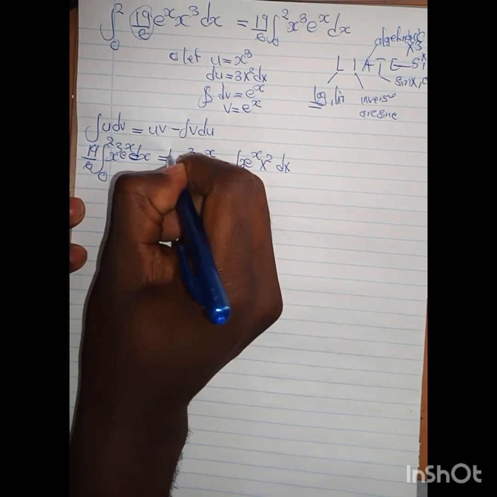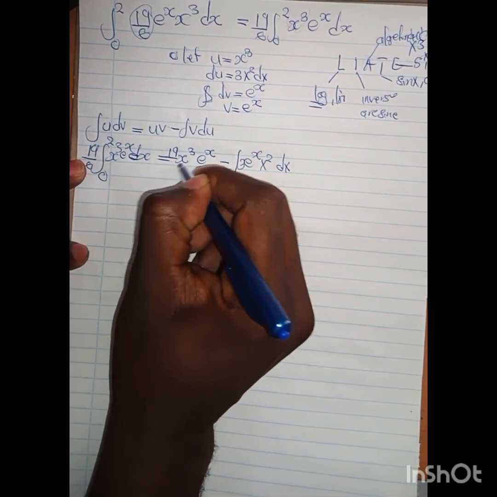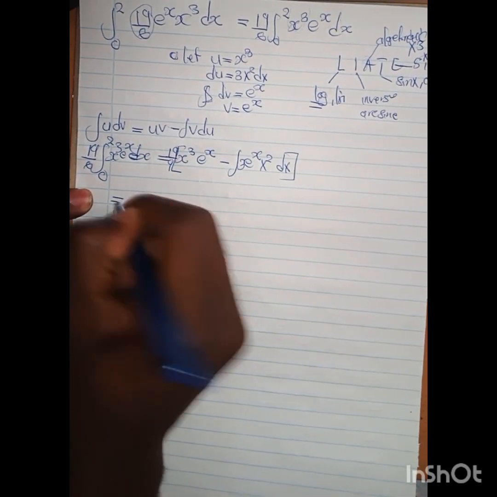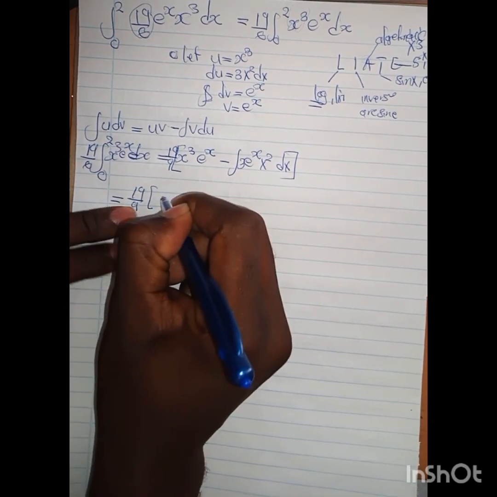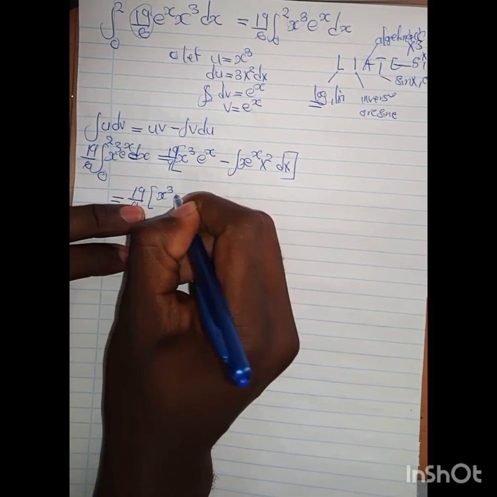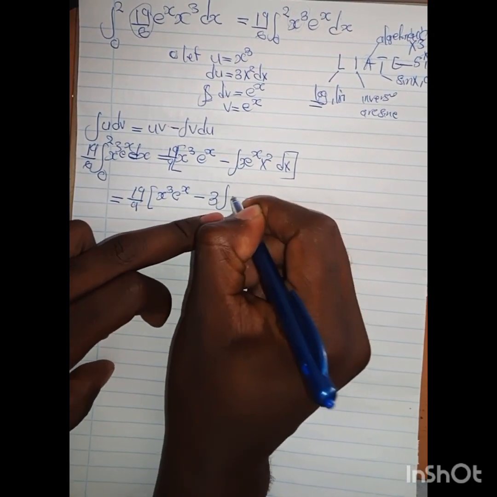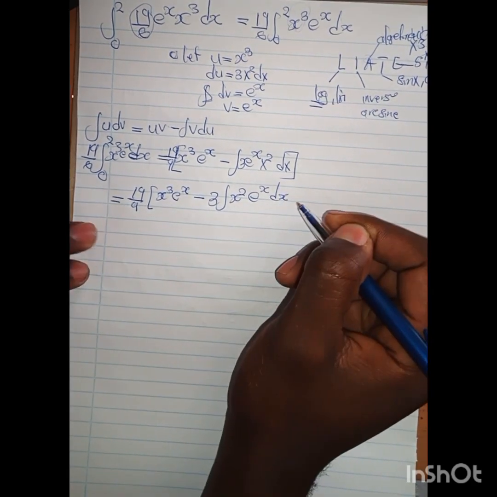And then this 19 over 6 should be included here. All right, then we have 19 over 6 times x cube e to the x minus 3, and then the integral of x squared e to the x dx.